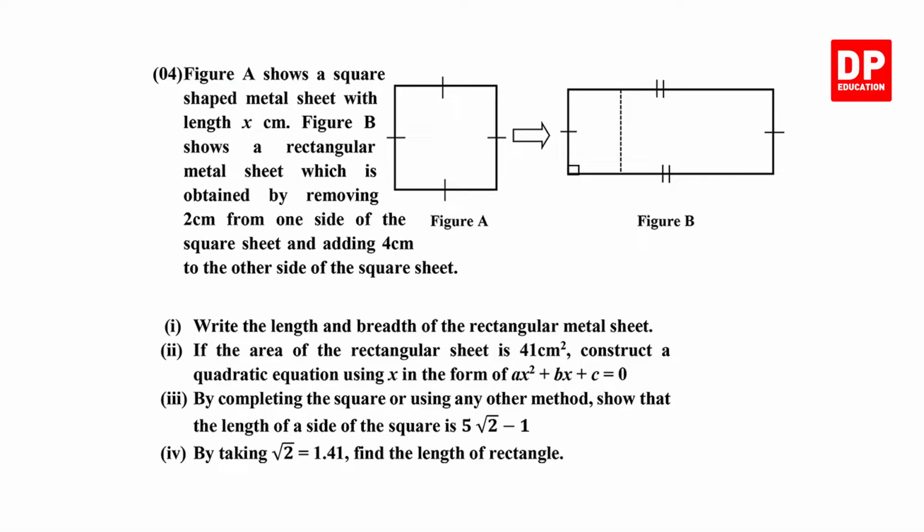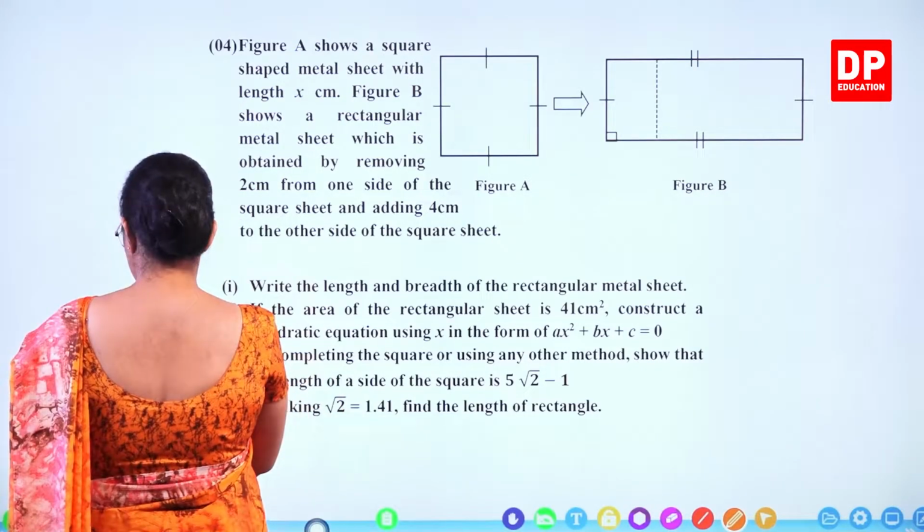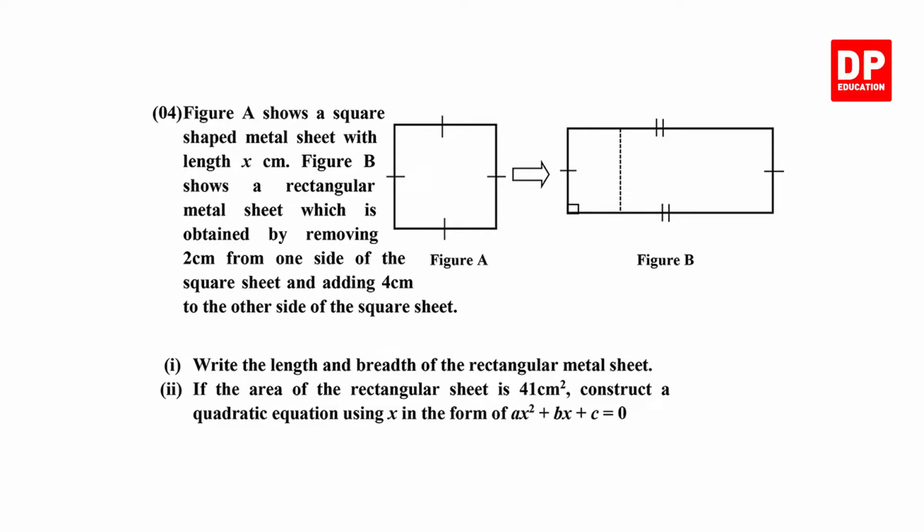Question number 4. You get algebra question. Figure A shows a square-shaped metal sheet with length x centimeters. So this is x.